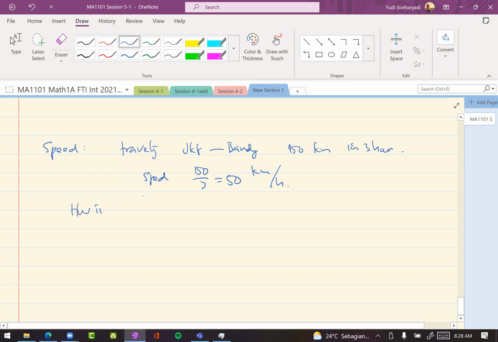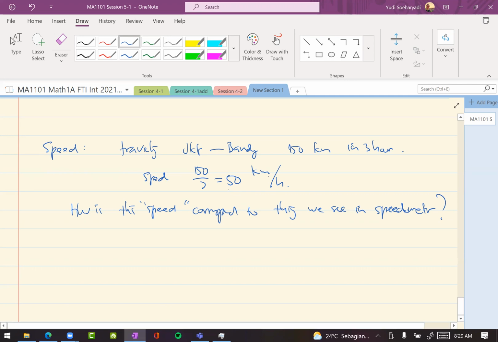The thing is that when you talk about what you see on the speedometer, how does the speed correspond to what we see in the speedometer? Does this tell you that the speed is always 50? Not at all. Sometimes you go below 50, sometimes you go beyond 50, right?